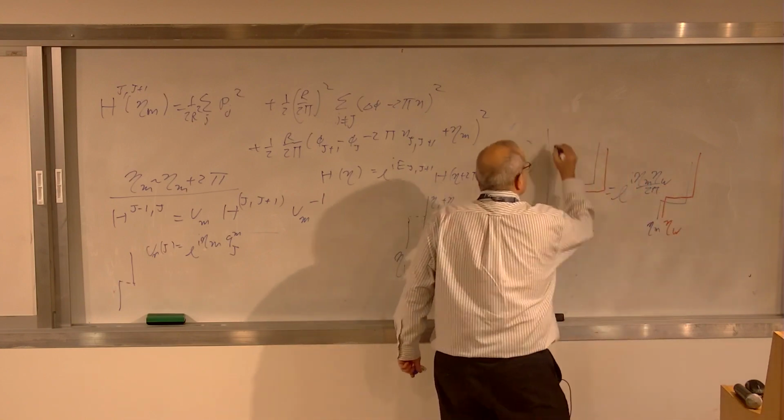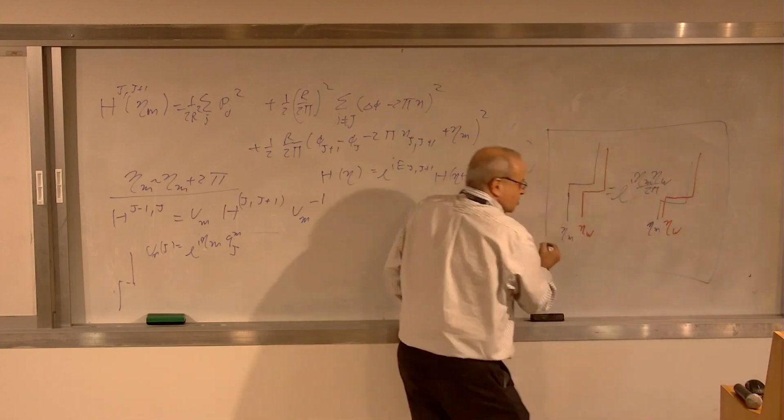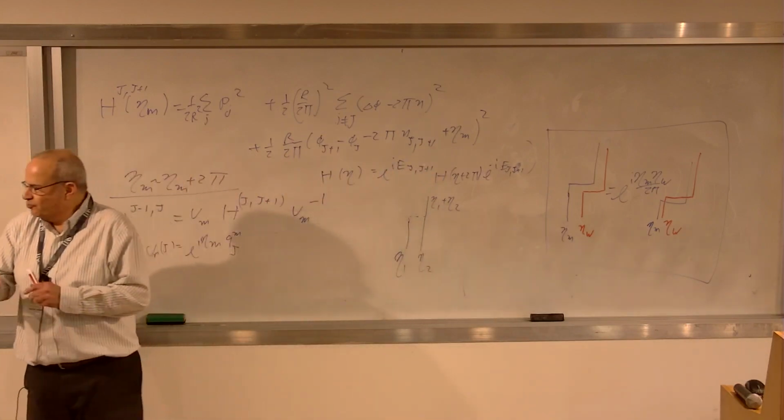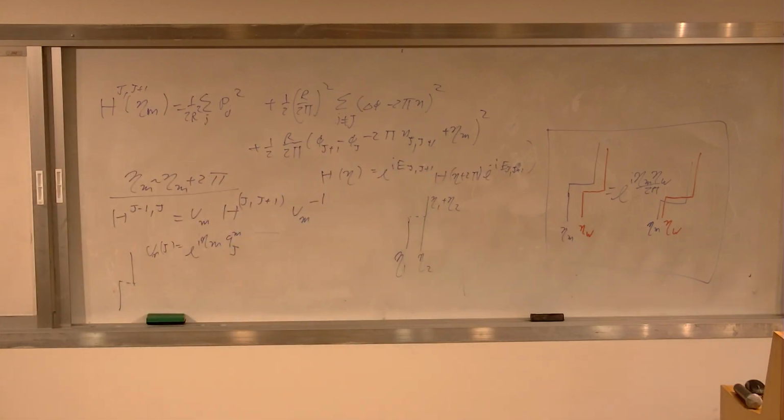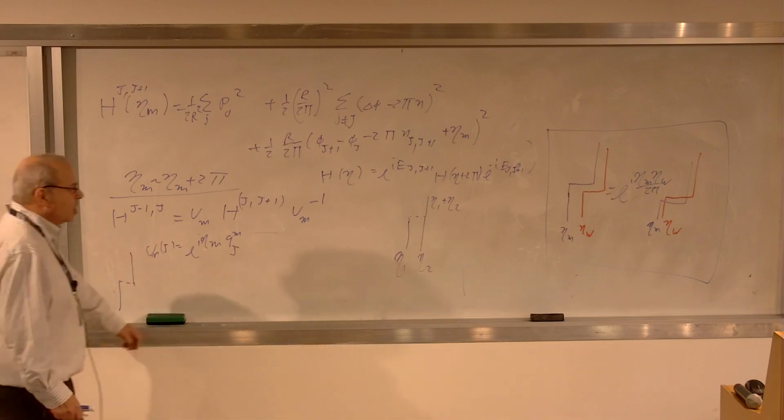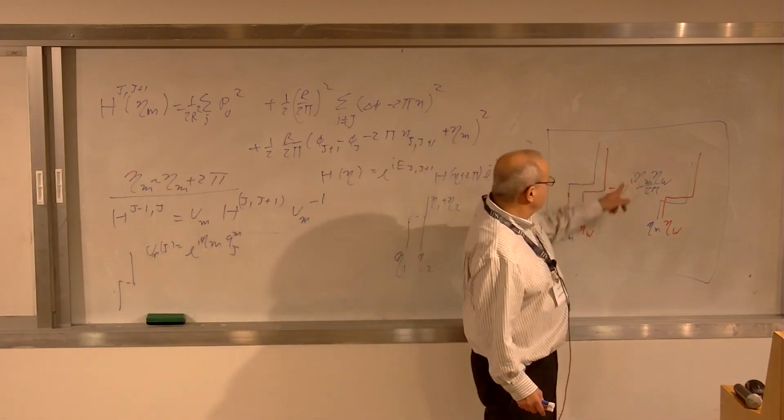This is an anomaly. We have defects that naively I can move around, no problem, as I explained in many different ways. As I change the trivialization of the background gauge field, I should get the same answer. But here I get the same answer only up to a phase.